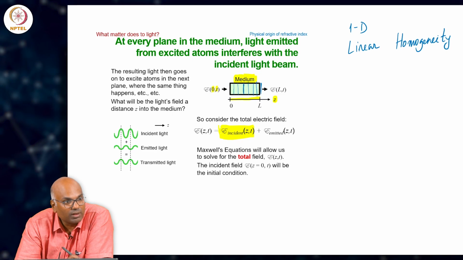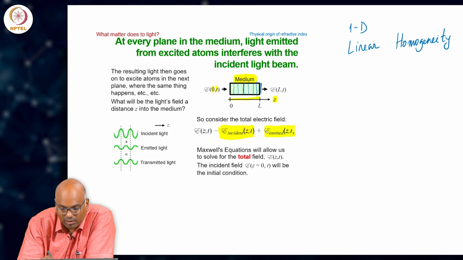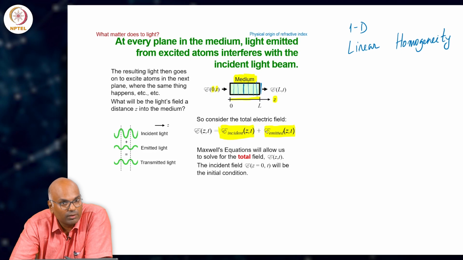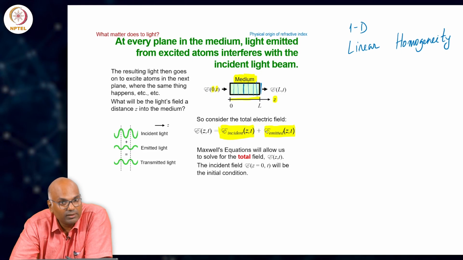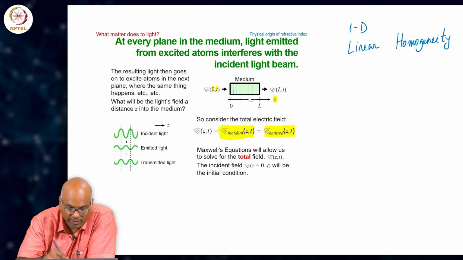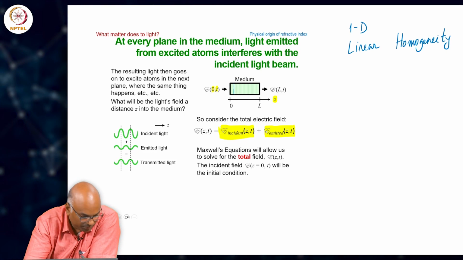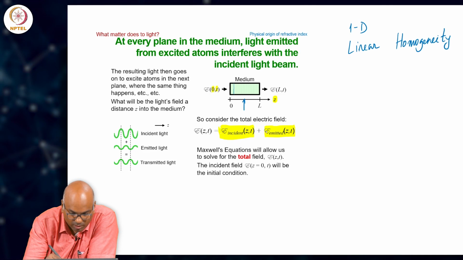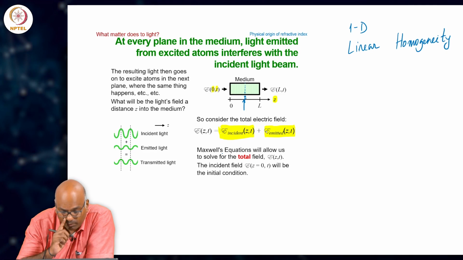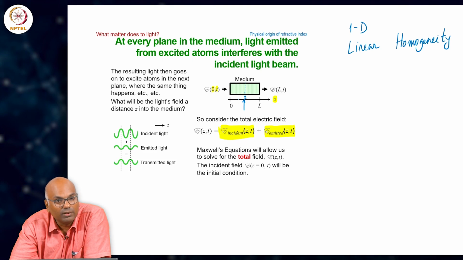The total field is a sum of the incident wave plus any wave that is emitted by the material medium and has some amplitude at a given point z. So, our attention is focused on a particular point z in the medium. The electromagnetic wave here is a sum of the incident field plus any emitted field in this medium.